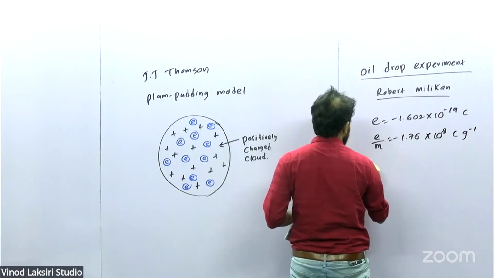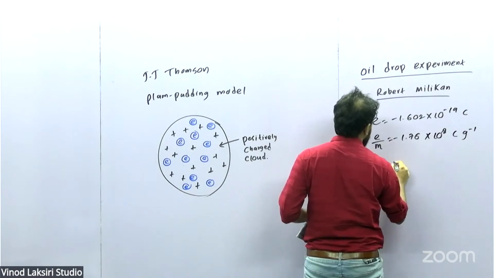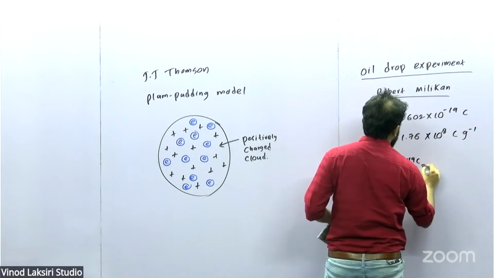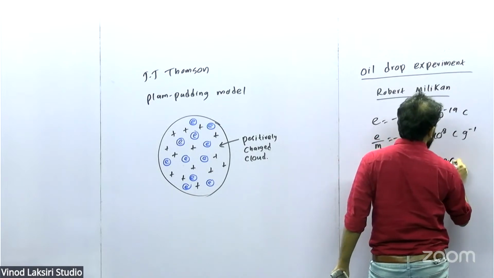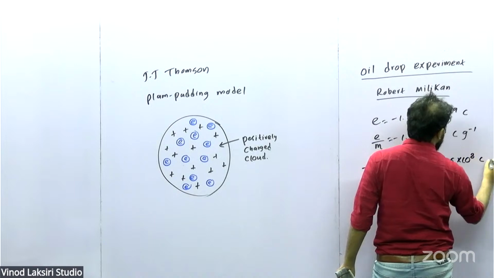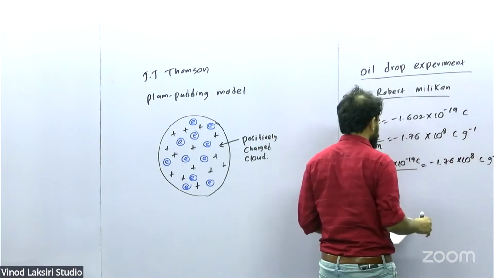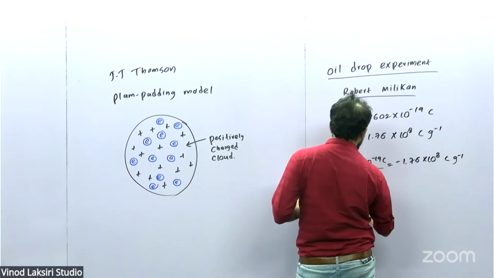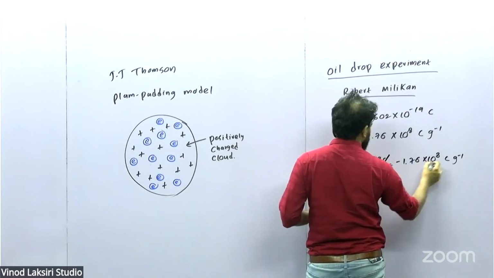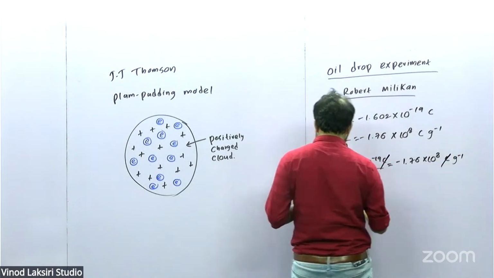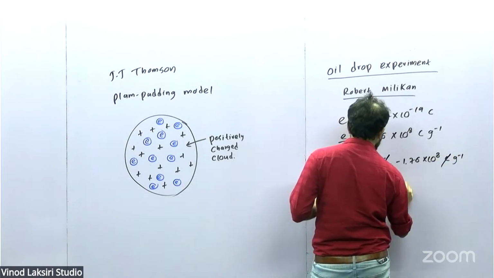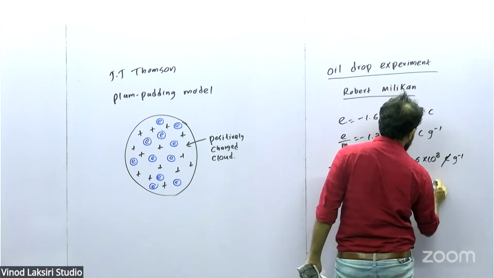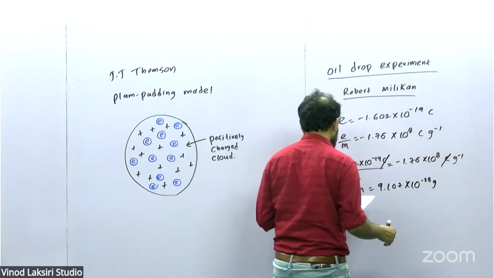Then we can substitute the charge value, e divided by m equals minus 1.76 times 10 to the power 8 coulombs per gram, and calculate the m value. Here coulomb cancels out. Then the mass is 9.107 times 10 to the power minus 28 gram. This is the mass of the electron, right?